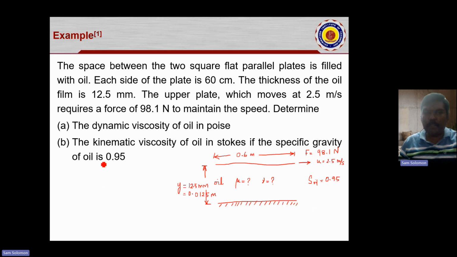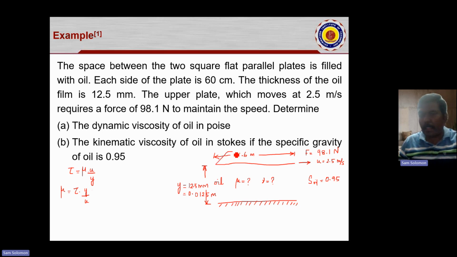So the first thing that we need to find out is the dynamic viscosity of the oil. So we know that tau is going to be equal to mu times u by y. And we need to find out mu. So that is tau times y by u. We know the value of y and u, but not tau directly. So they have said each side of the plate. So the length of the plate is 0.6 meters.